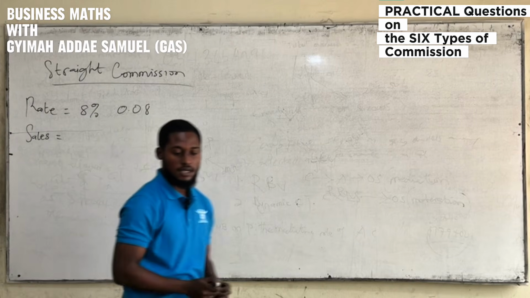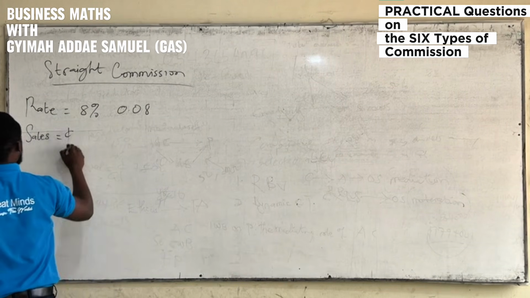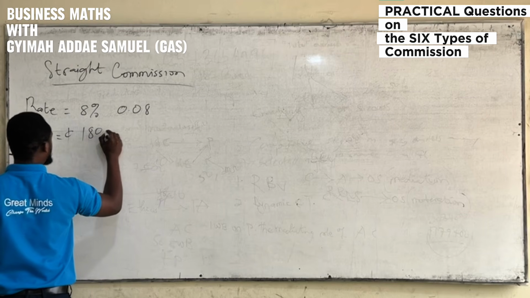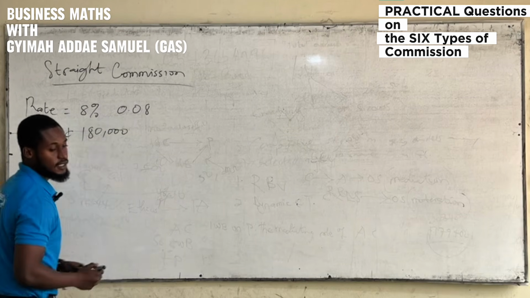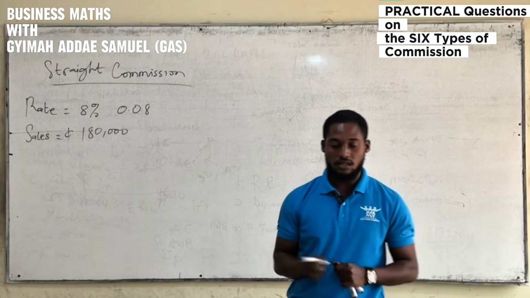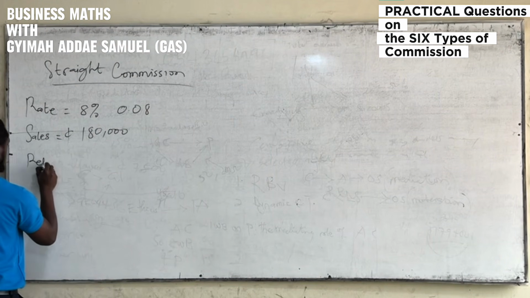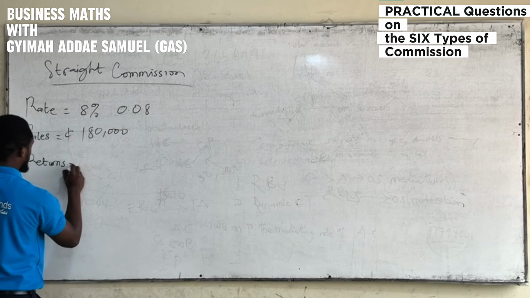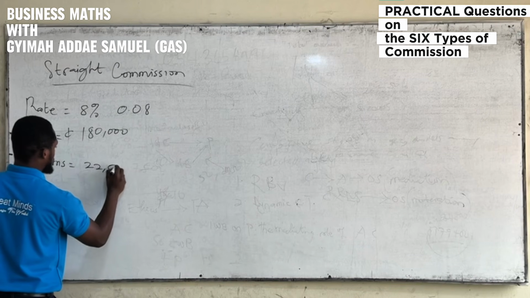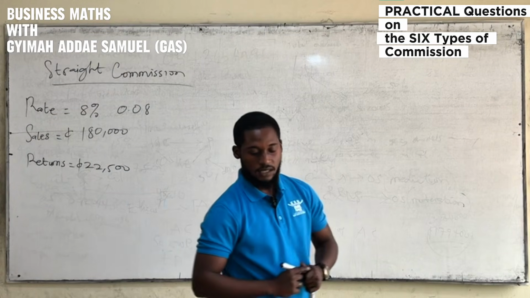Sales given in the question is 180,000 Ghana cedis. Returns were provided in the question, and it's 22,500 Ghana cedis.